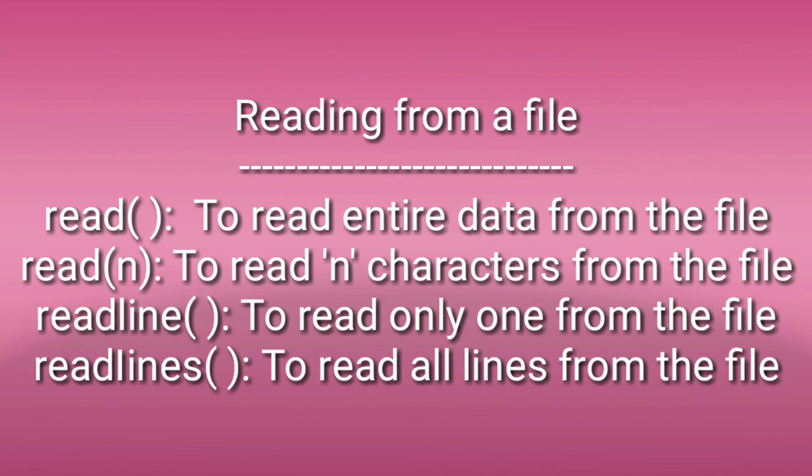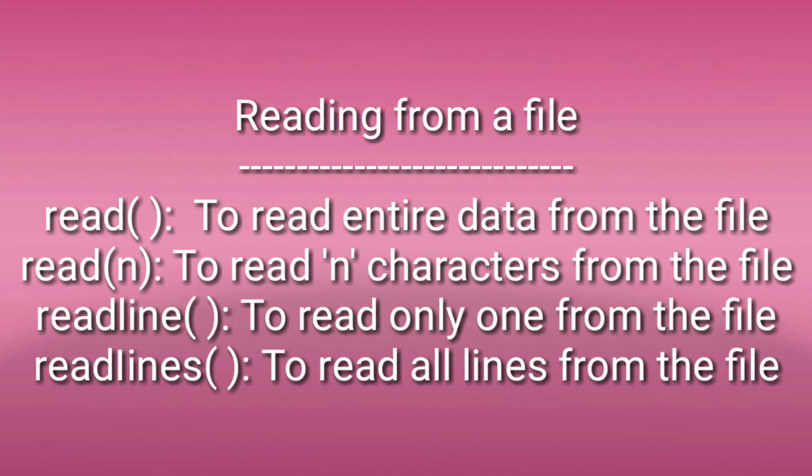If you want to read only a single line, suppose your file includes 4 or 5 lines, and you want to read and print one line, or each line one by one, you can use this method, readline.